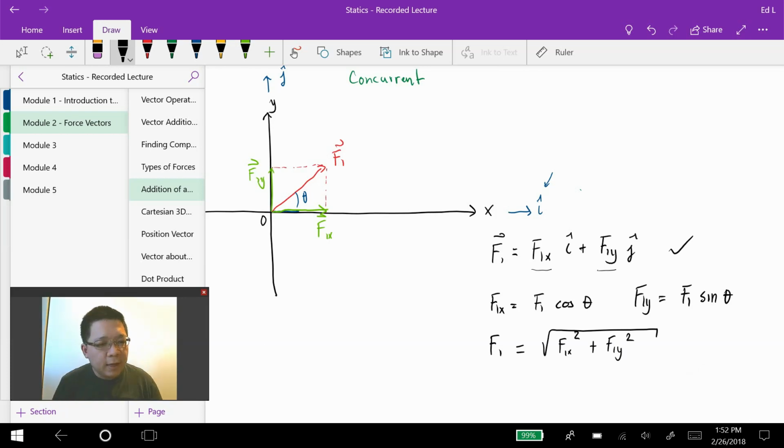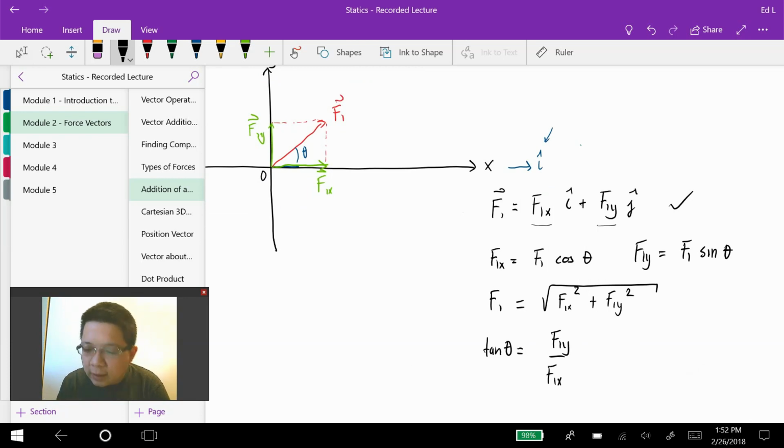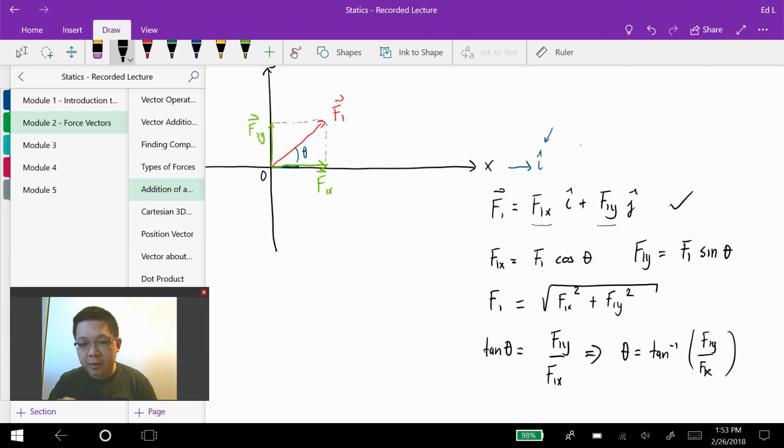And tangent theta is defined as F1y divided by F1x, such that you can calculate theta by taking the inverse tangent of F1y divided by F1x.